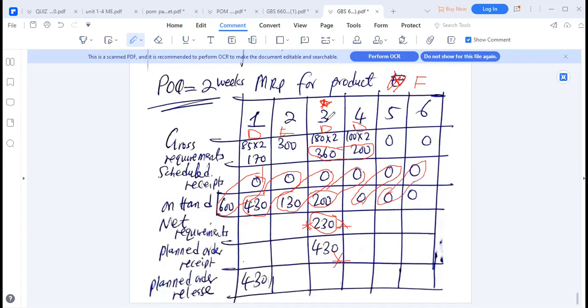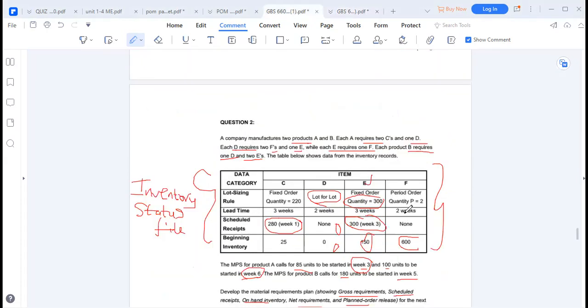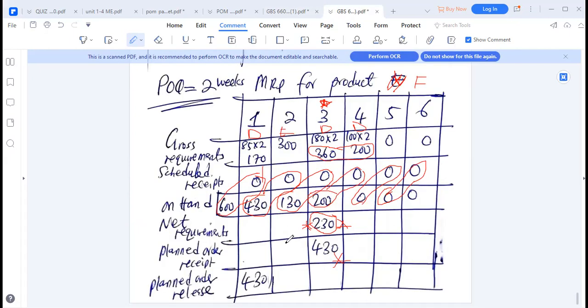Then for us to have a receipt in week 3, we have to check the aspect of lead time, the time taken. The lead time is 2 weeks for this one, meaning that this one would have been released 2 weeks before.